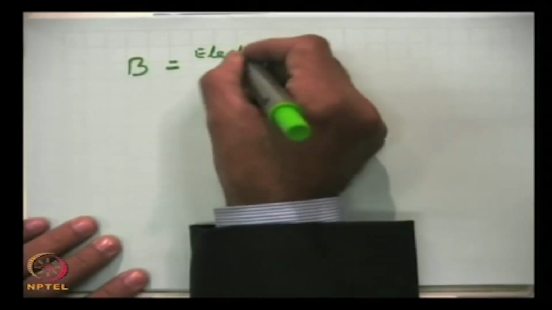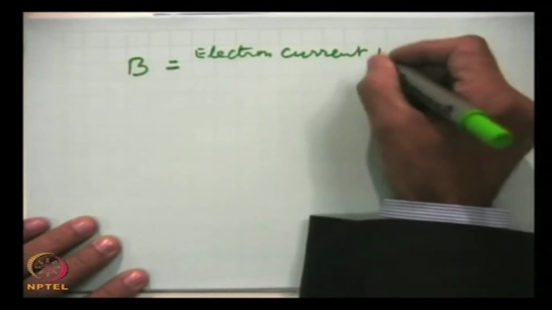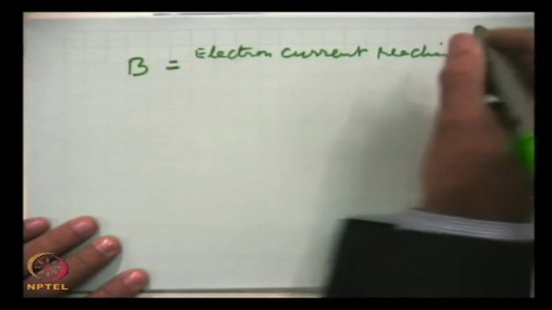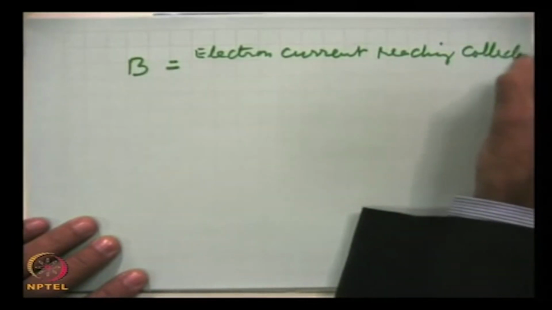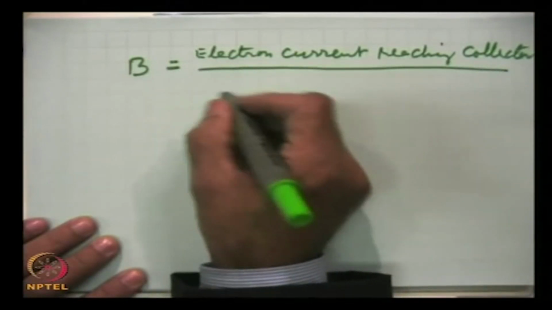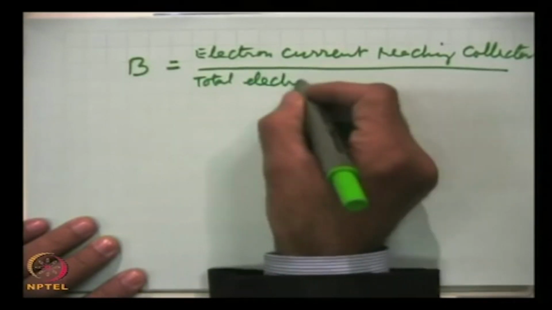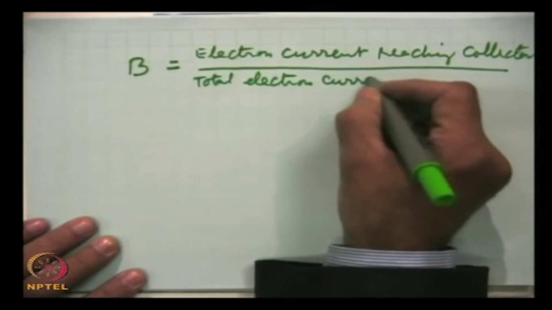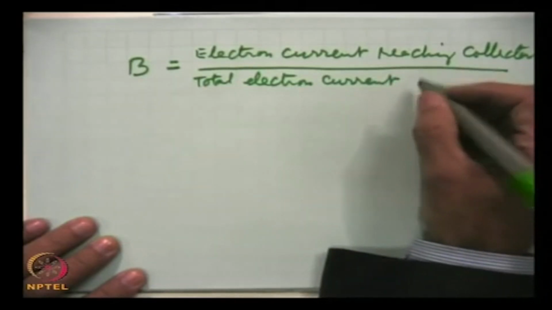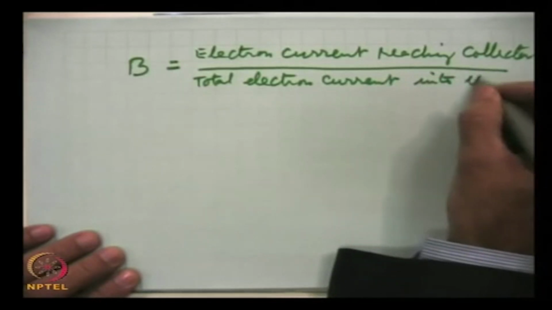So, this is defined as the ratio of electron current reaching the collector divided by the total electron current into the base.